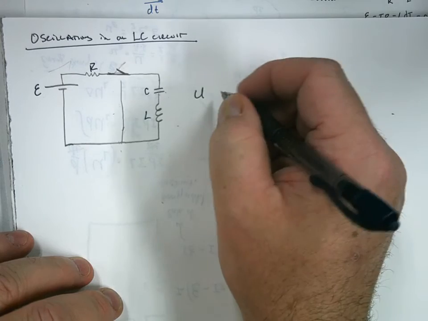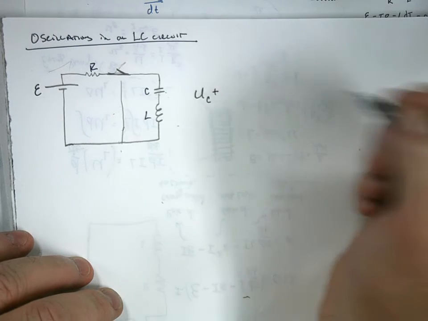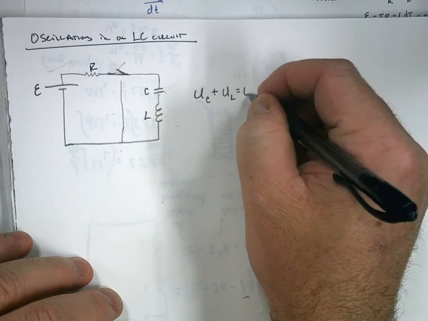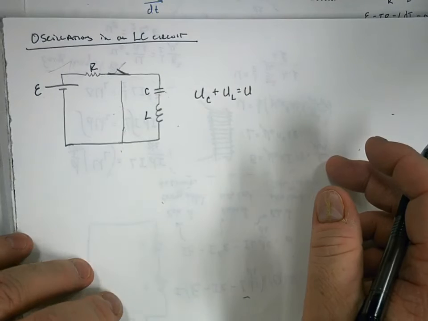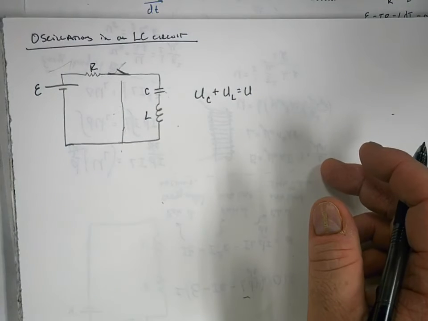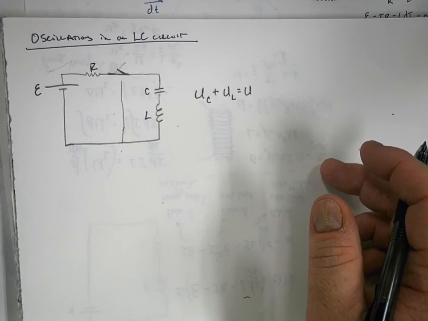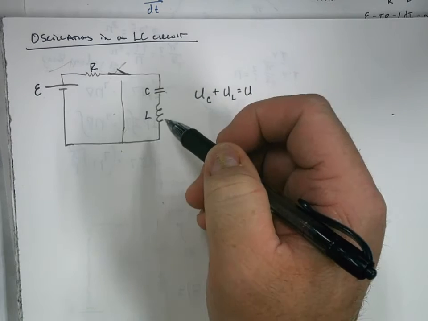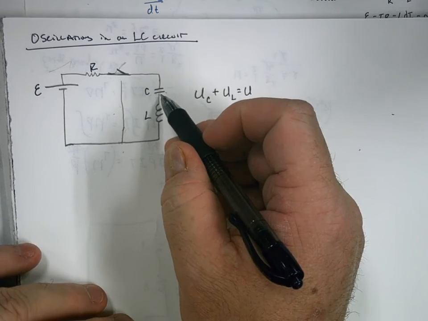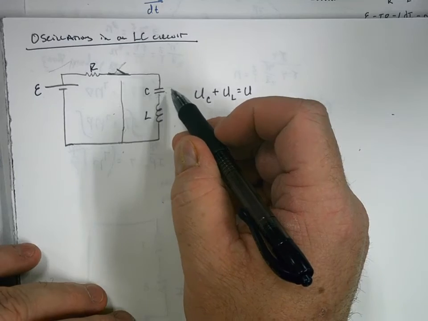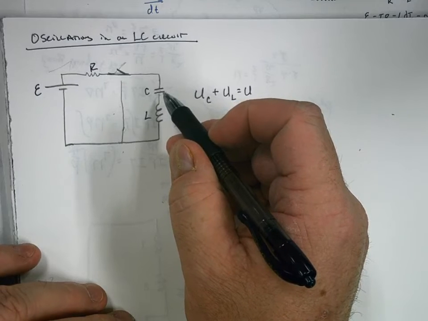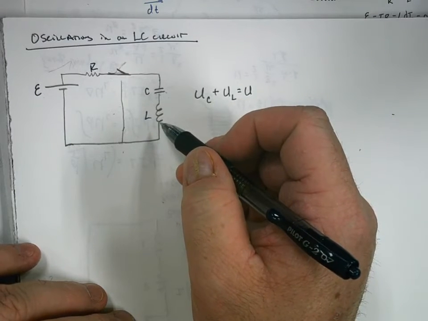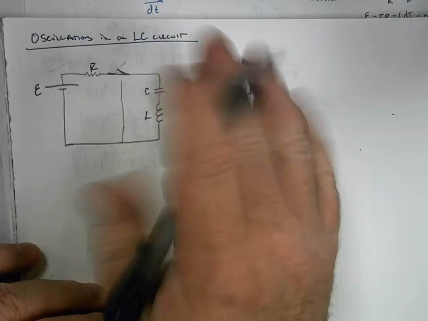We have energy stored in the capacitor, and we also have energy stored in the inductor, and that all together is going to equal our total energy that's stored in the system, because both of these store energy. Okay, a capacitor stores energy in the electric field, and our inductor is going to store energy in the magnetic field. Yeah? Okay, so we have that.